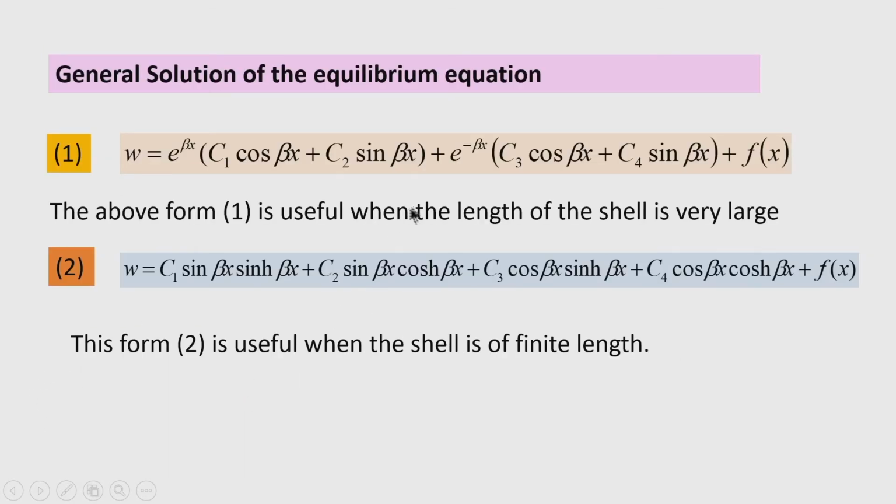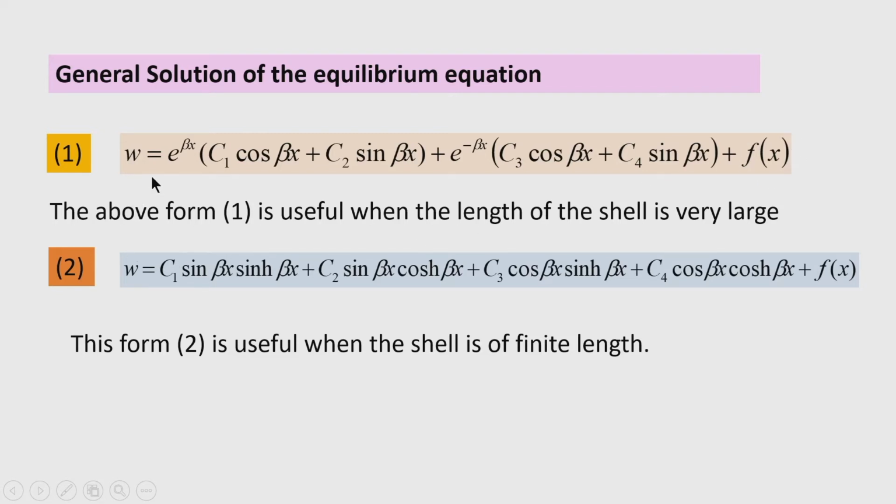The forcing term in the differential equation of equilibrium is due to the pressure acting normal to the shell surface, and the solution of that particular integral is f(x). Later on we will prove that f(x) is nothing but the membrane solution of the shell.